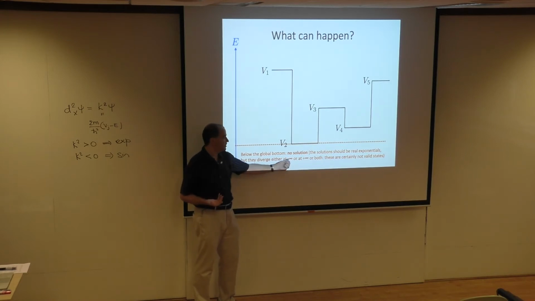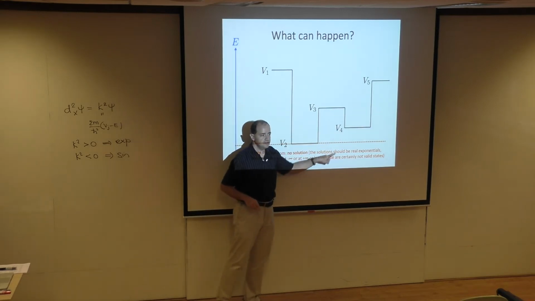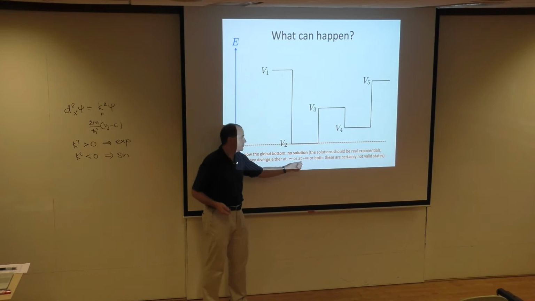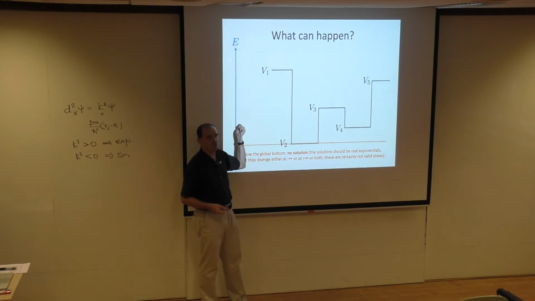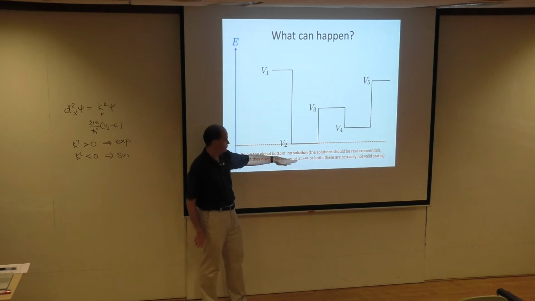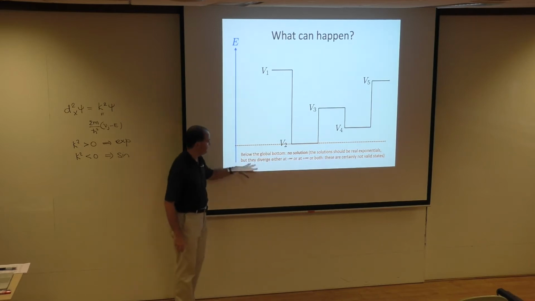Either the real exponential has a positive factor, and then it explodes at plus infinity, and it's clearly not a normalizable solution, or it has a negative factor and it explodes at minus infinity, so it would also not be a normalizable solution. So there cannot be any eigenvalue of the Hamiltonian that is below the global minimum of the potential. So let's not look at what happens down there, there's nothing.